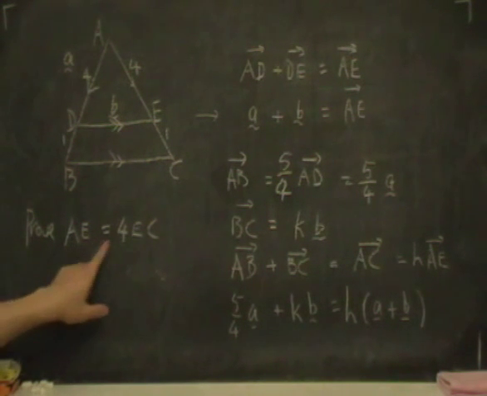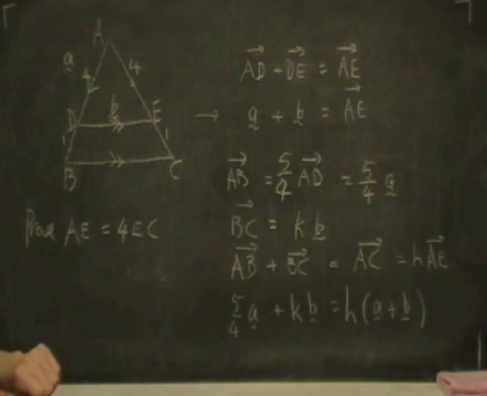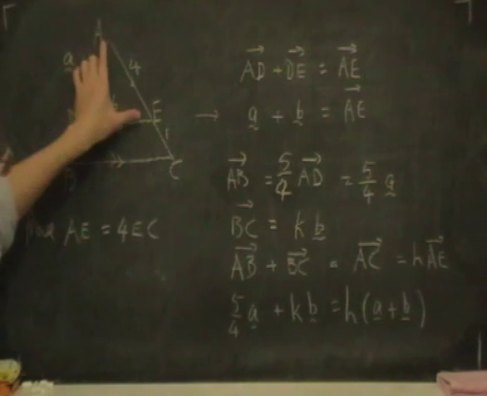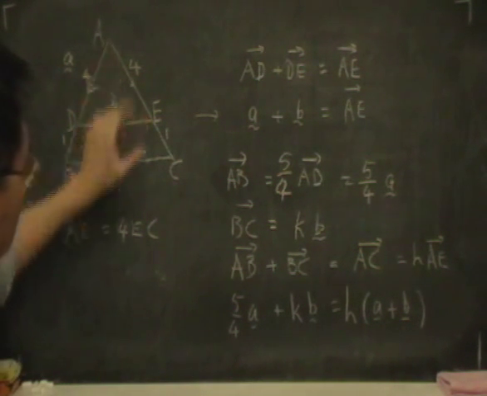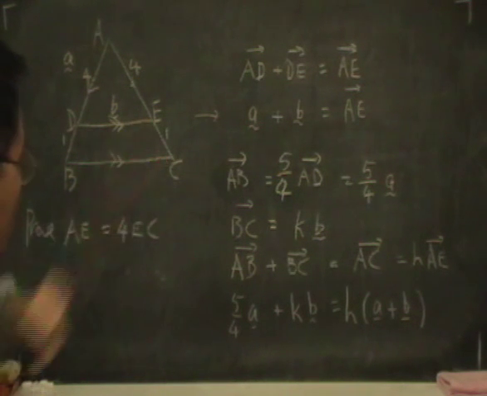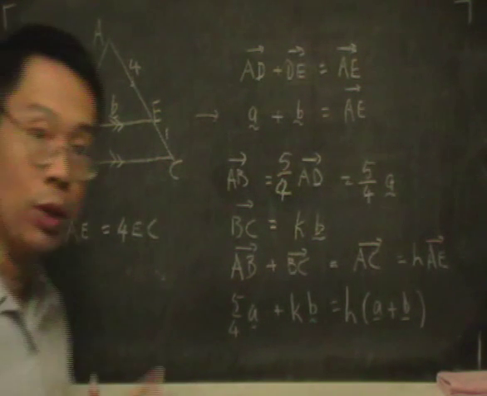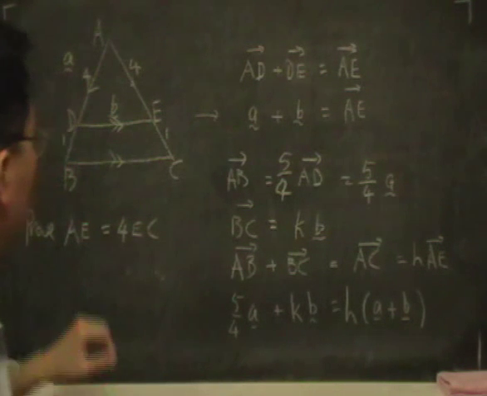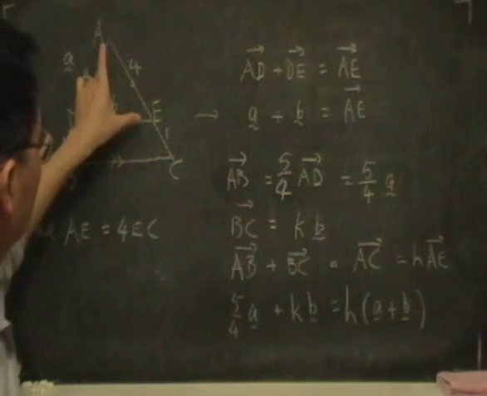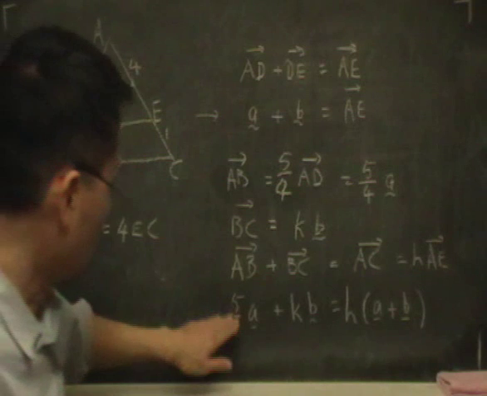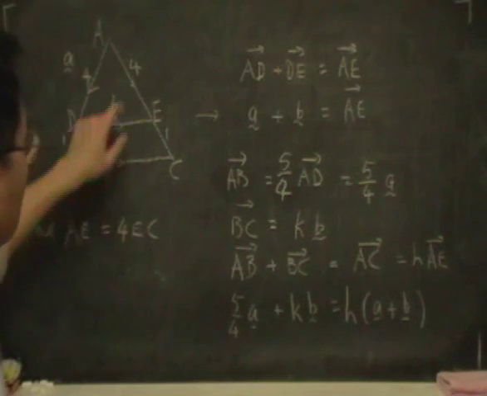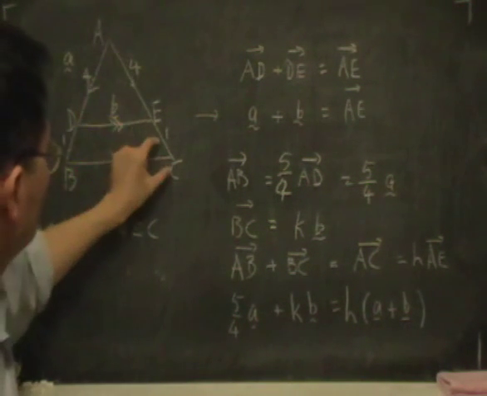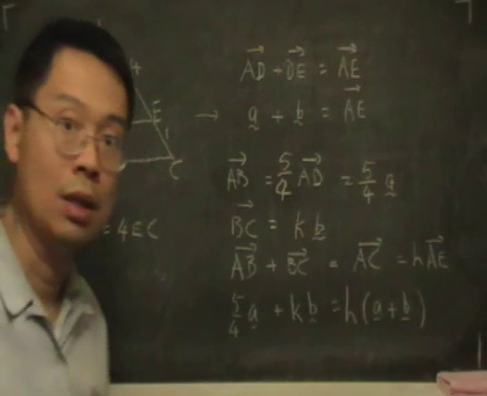Prove that AE is equal to 4 times EC. We want to prove that AE is equal to 4 times EC. And we have actually got that already, because we have just shown from this result that the ratio of AE to EC is 4:1.